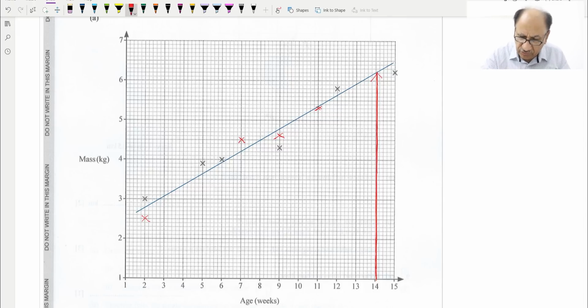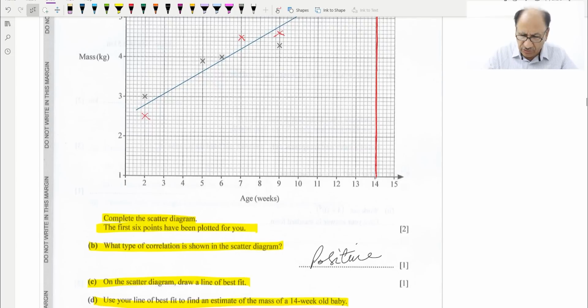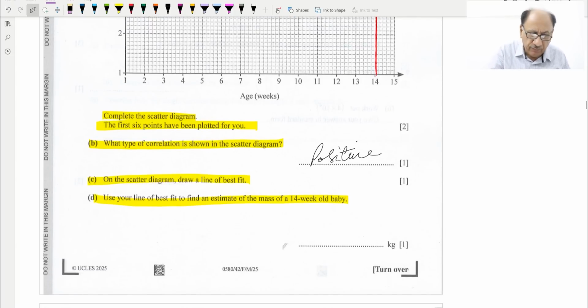So the 14 reference from here, and on this side also 3 points will be over, so 6.2 basically, not 3. So this will be 6.2 on this side, and our answer on 6.2 we can write 0.1.